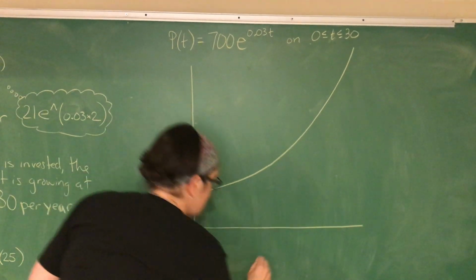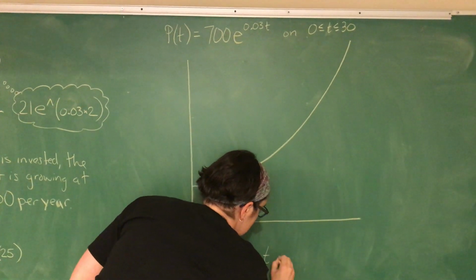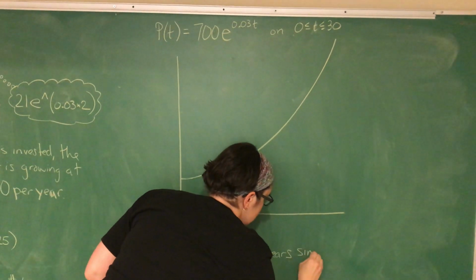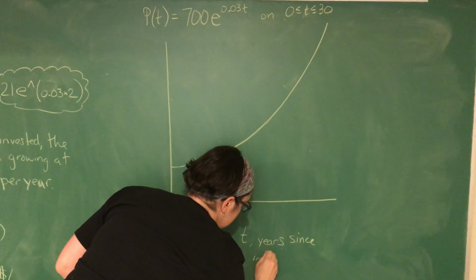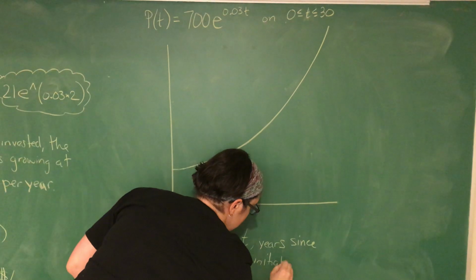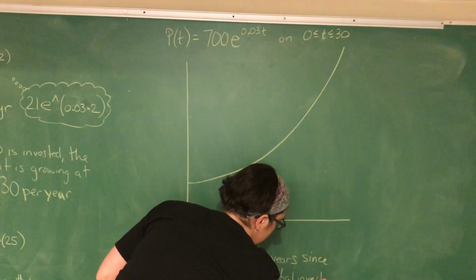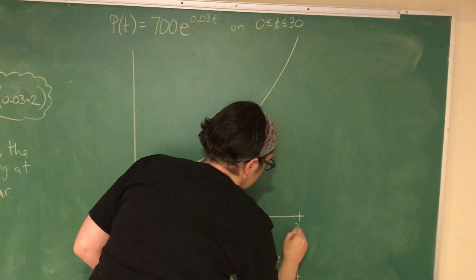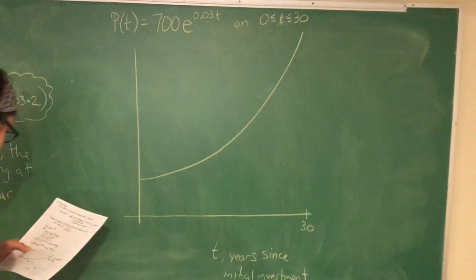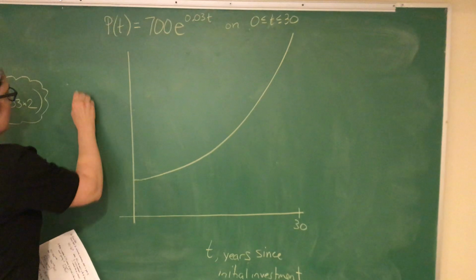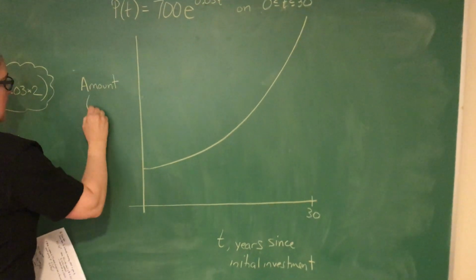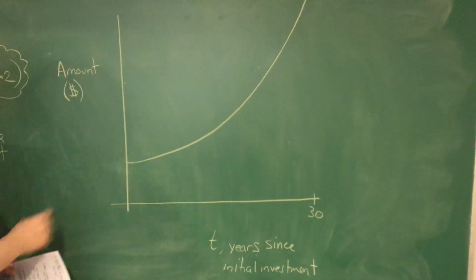And so on the x-axis, we have t, which is measured in years since the initial investment. And over here at the end is 30 years. And on the y-axis, we have the amount of money in the account, and that is measured in dollars.